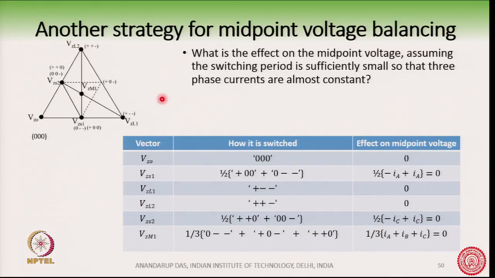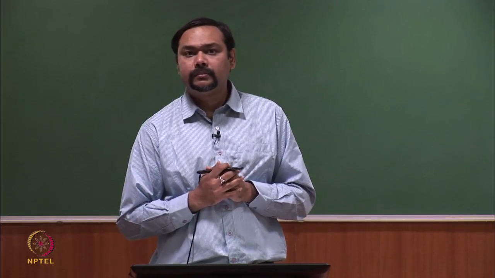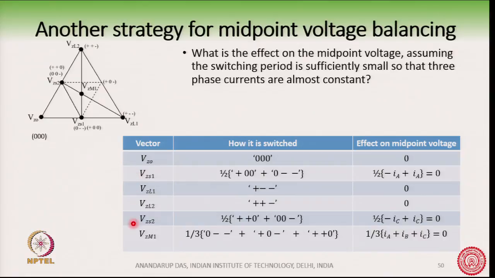By introducing these additional vectors, we are ensuring that whenever we use these vectors, their effect on the midpoint voltage is 0 or minimum. So, the concept of this virtual space vector highly simplifies this problem, and it almost solves the problem.